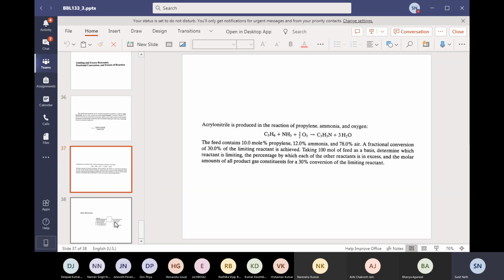So again, try and represent all of this information in a flow sheet, a flow diagram. Okay, this is again simpler because it's only a single unit. Just that this is our first time we are looking at a simple chemical reaction.